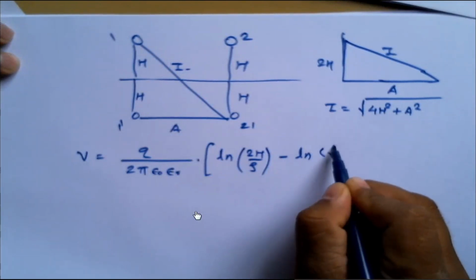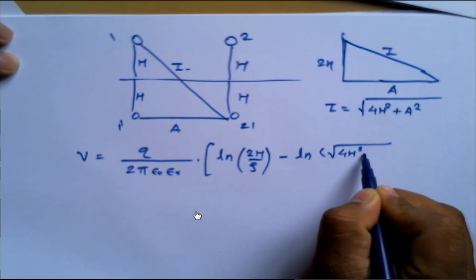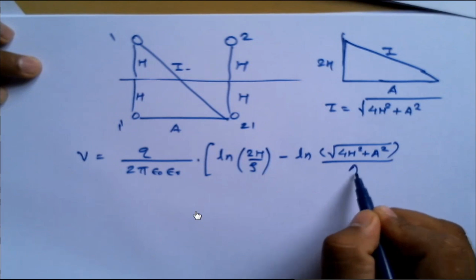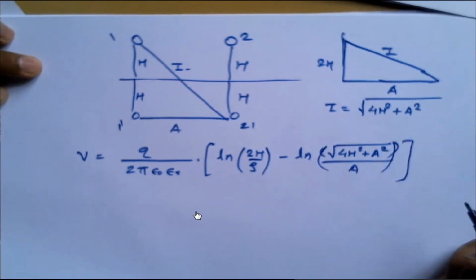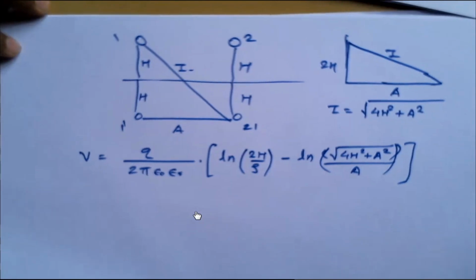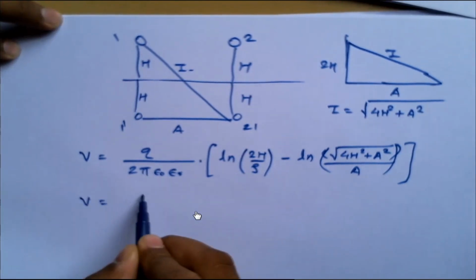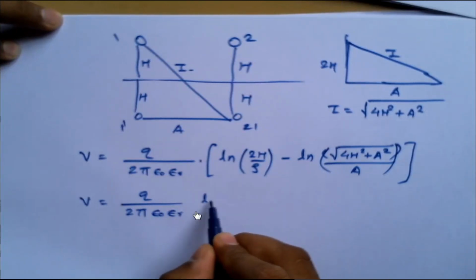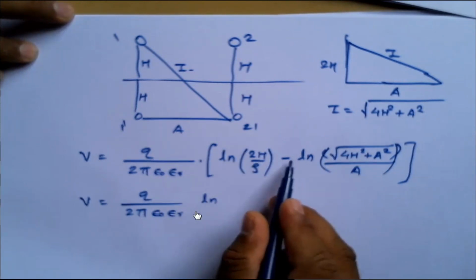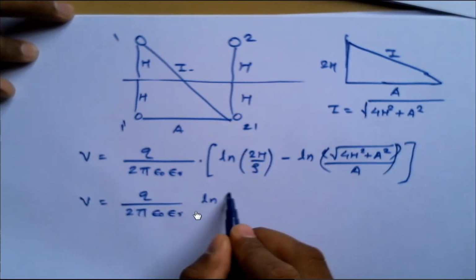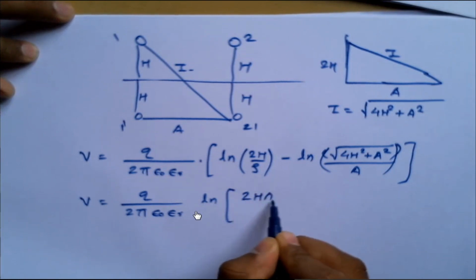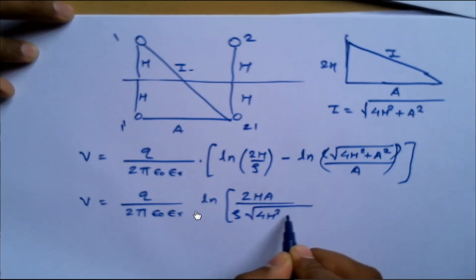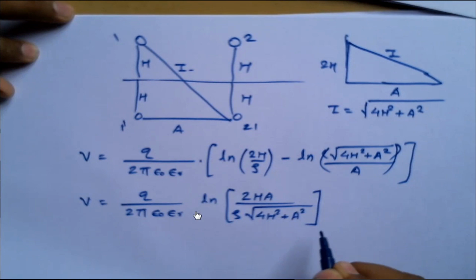It is equal to under root 4h square plus A square divided by A. So V is equal to Q upon 2 pi epsilon 0 epsilon R ln of, multiplication है म्हणजे डिविजन होणार आहे, and after solving this it will be 2hA divided by rho under root 4h square plus A square.